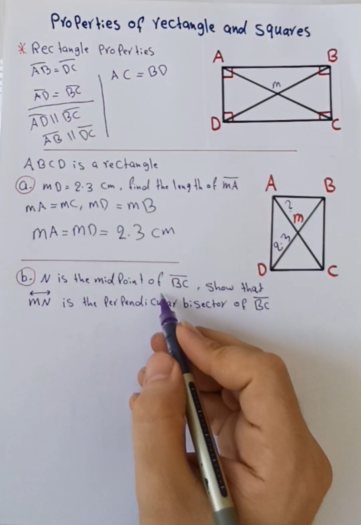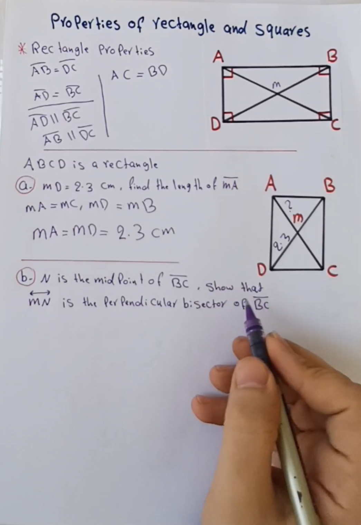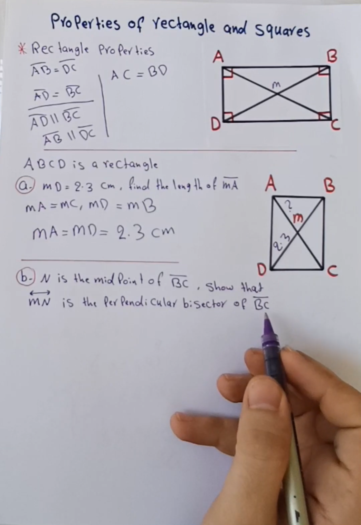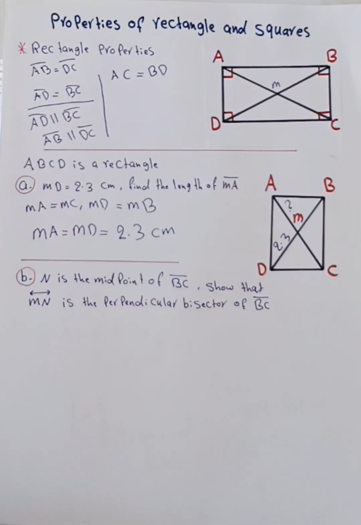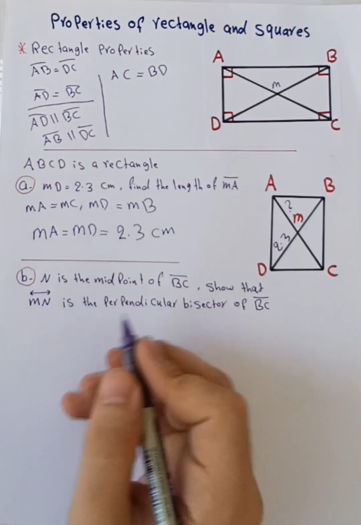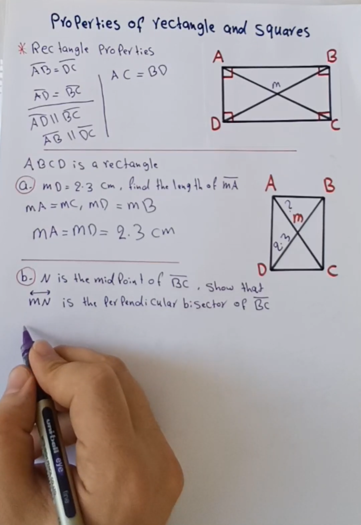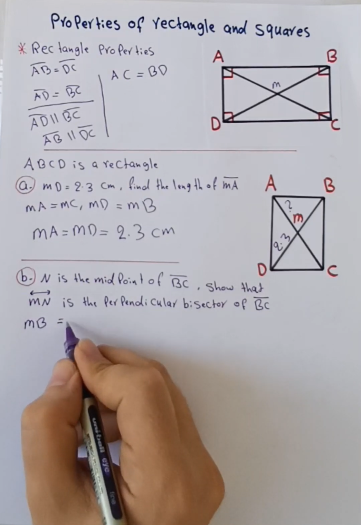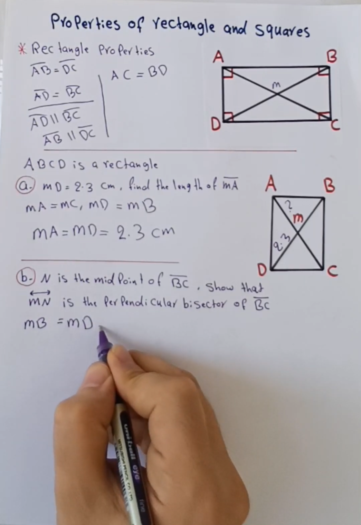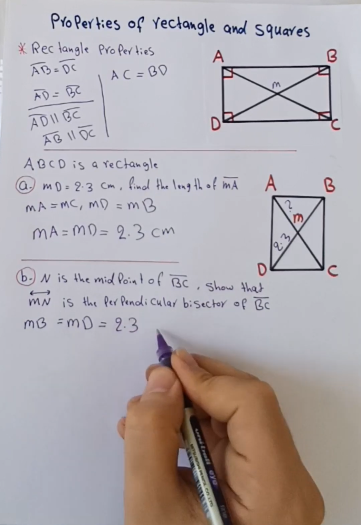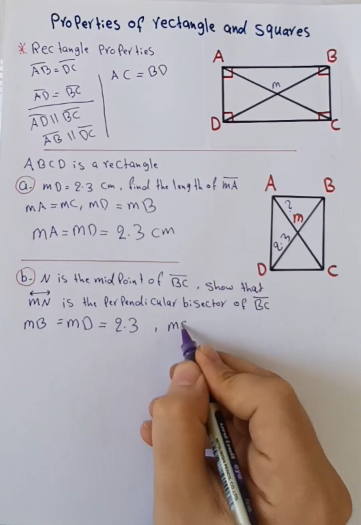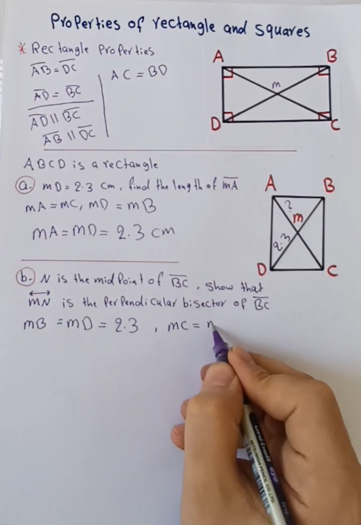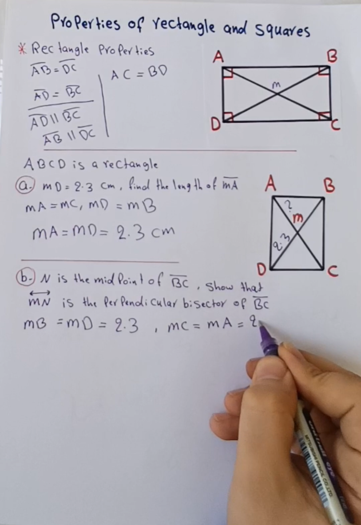N is the midpoint of BC. Show that MN is the perpendicular bisector of BC. So in the first part of this example, we proved MB equal to MD equal to 2.3, and MC equal to MA equal to 2.3.